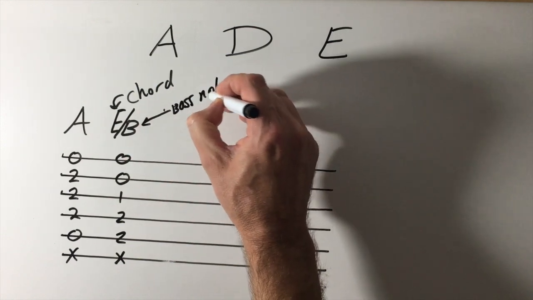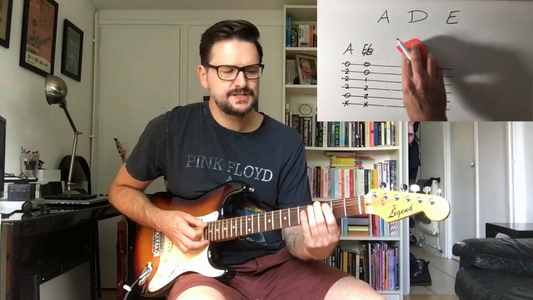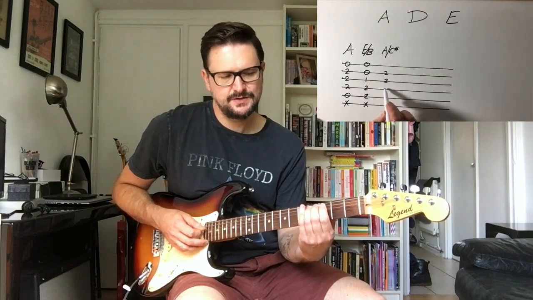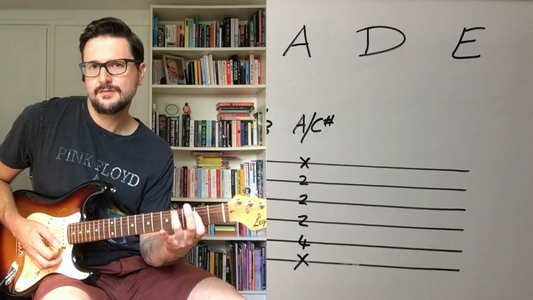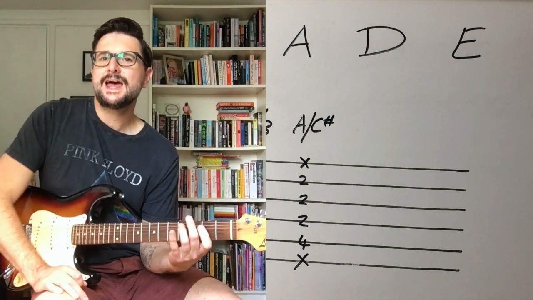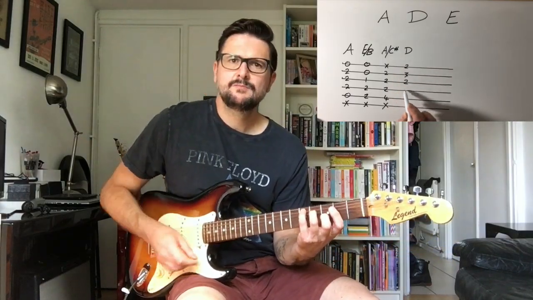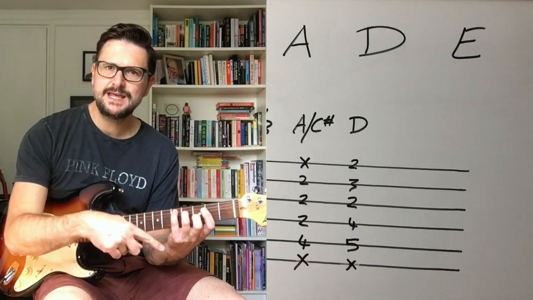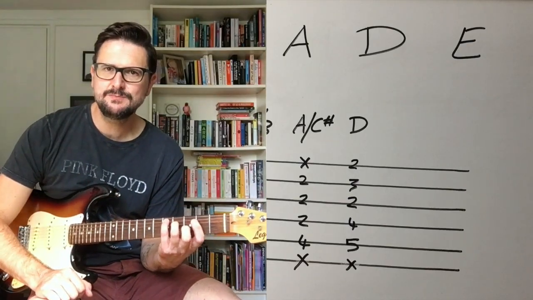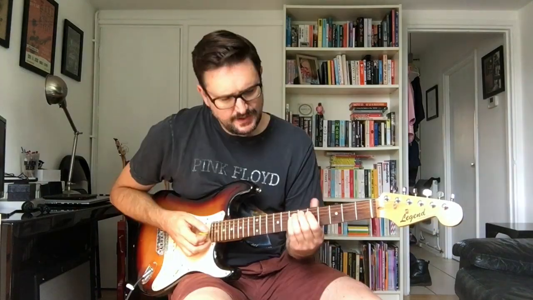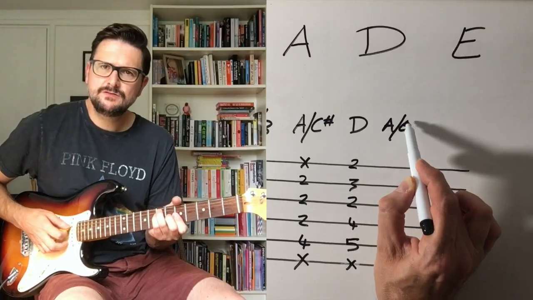So we've got then onto a C sharp bass note with an A chord above it. So that's an A first inversion. And then I played a D, but I played a C-shaped D. I've done videos on C shapes. I'll put a link to that up here. Then I did an A, second inversion.